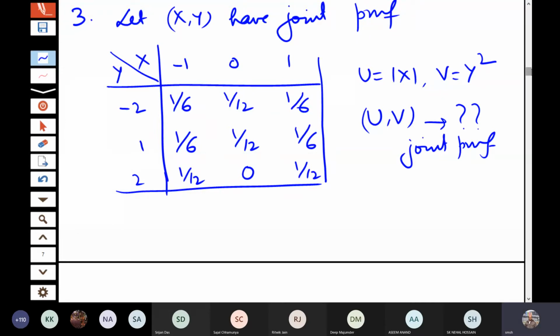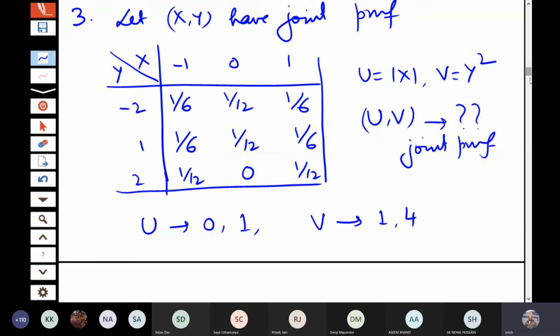What is the joint probability mass function of UV here? U can take values 0 and 1, and V can take values 1 and 4.